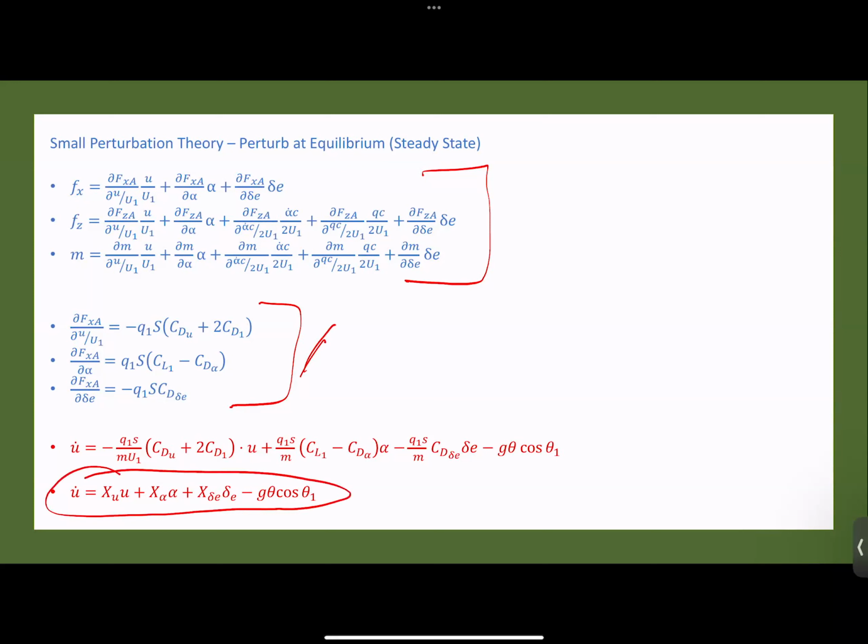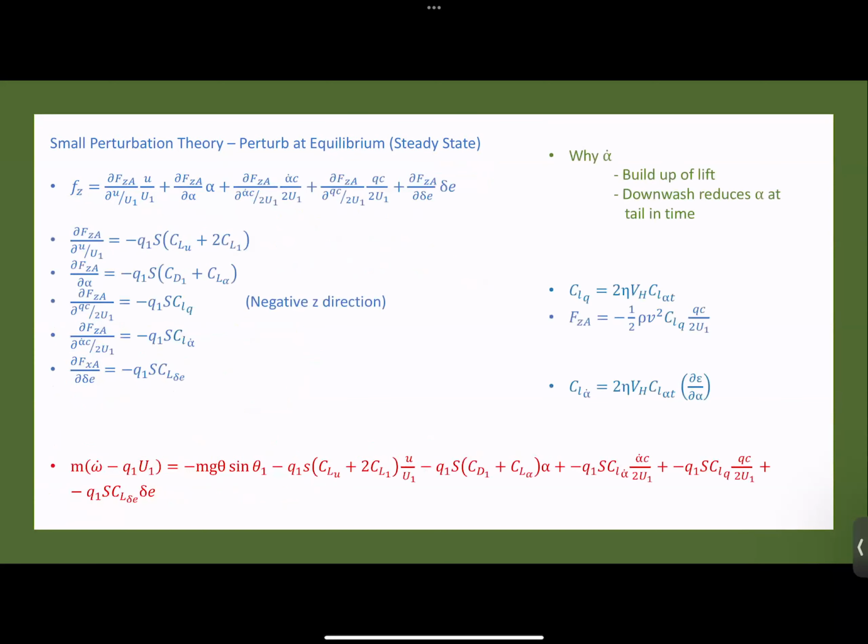Similarly, we perform this for W dot and Q. So this is the equation for W dot. Do note that here there is a negative sign. Why is there a negative sign? Can someone tell me? We had discussed this last session and Sir had extensively talked about this.